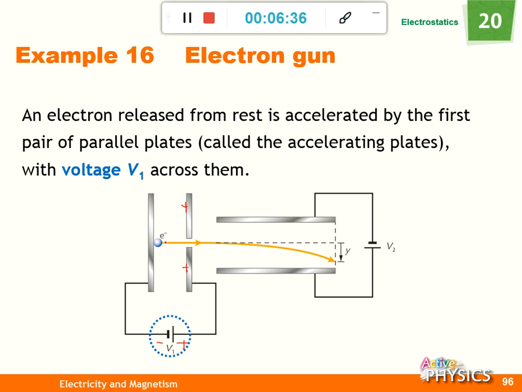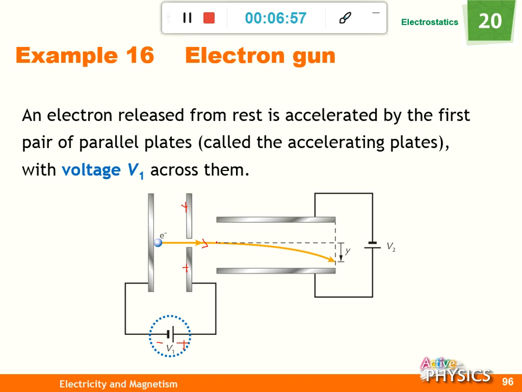But because the electron is very light, it will have a very great acceleration, so the final speed will be very large. Then it has a chance to pass through the gap of the positively charged metal plates and come out at very high speed.